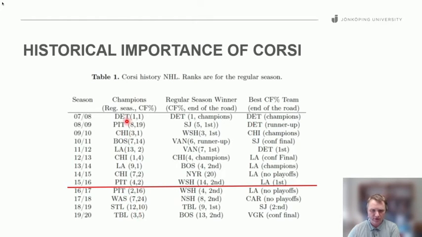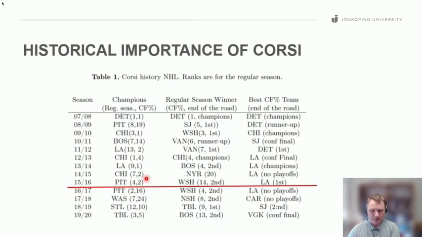So here we see that Detroit are the champions, and they both finished with the best regular season record, and they had the highest Corsi percentage. But if we move down this column, we see that the champions very often had one of the best Corsi percentages.